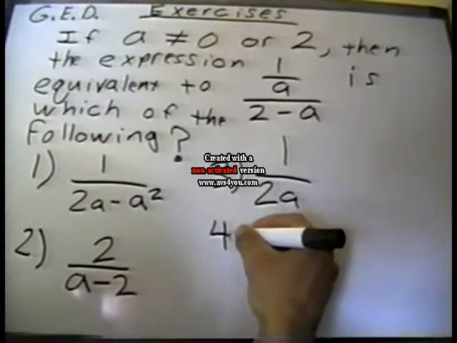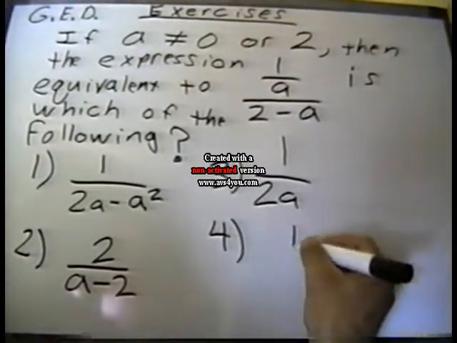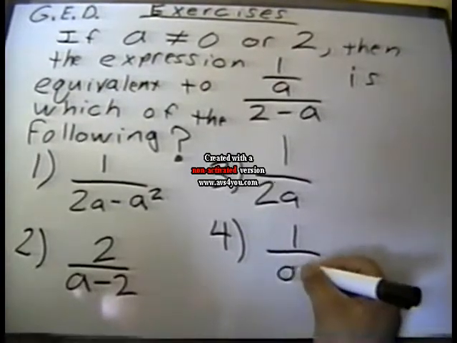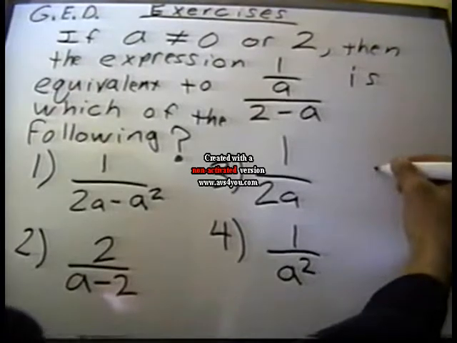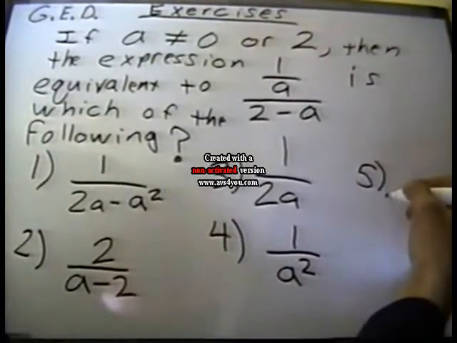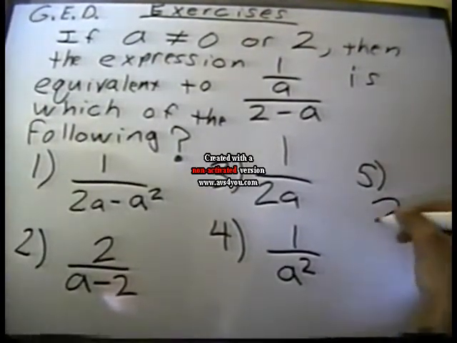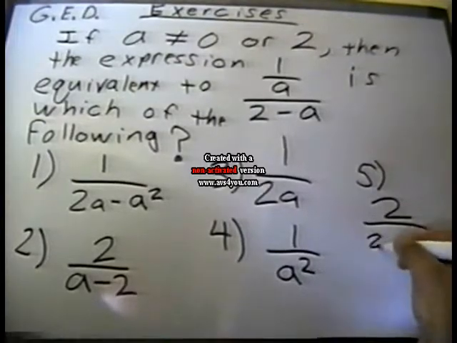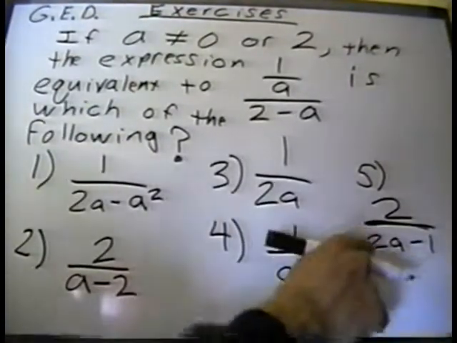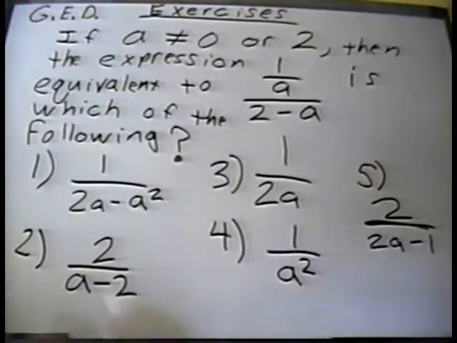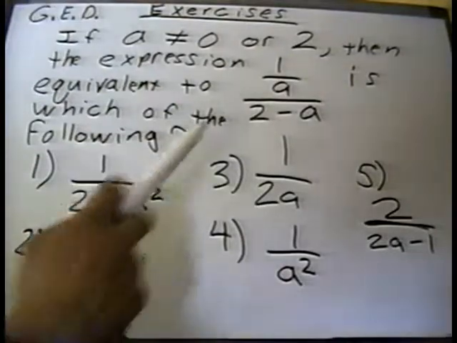Let's say 1 over 2a, (1 over a squared) and 2 over 2a minus 1 for the fifth one.